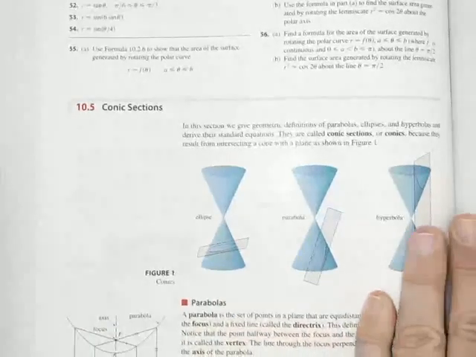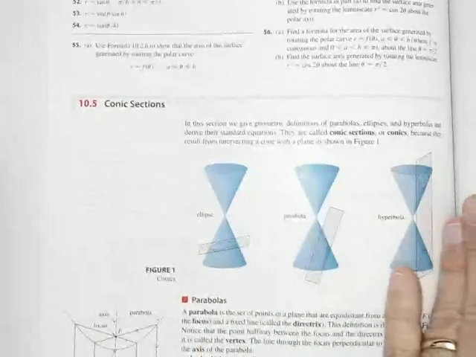If you cut at any angle steeper than the angle of the side of the cone, all the way up to vertical, you actually get a two-piece curve. You have a piece here on the bottom, you have another piece up here on the top, and that is a hyperbola. Now, by default, we draw our hyperbola cuts vertically. On page 674, we actually show all three of these through our double cone.